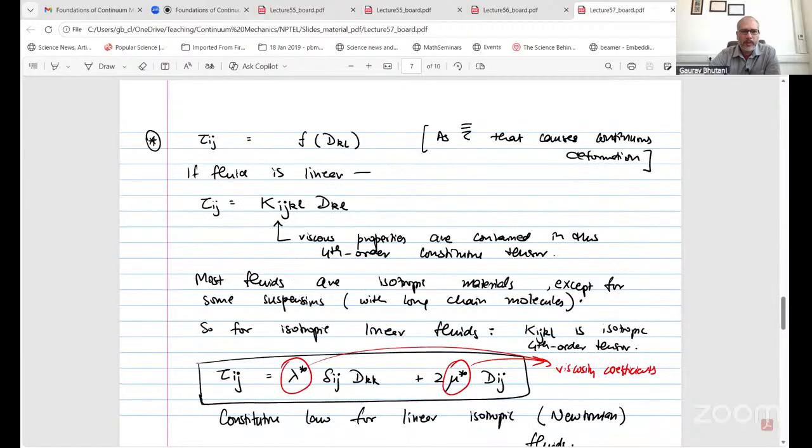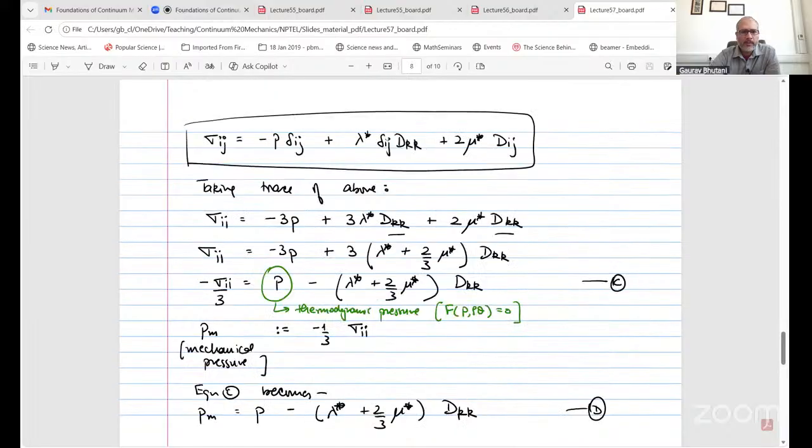So this is where we assume the fluid to be linear, that is Newtonian, isotropic, linear fluid, and then for the isotropic Newtonian fluids, we get the tau versus d relationship, which is exactly the same as what we had in isotropic linear solids.